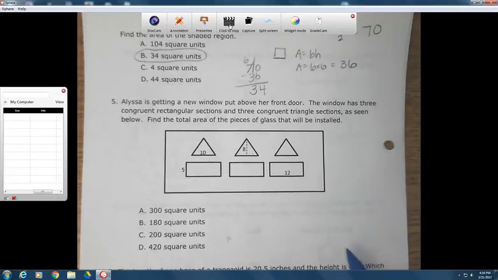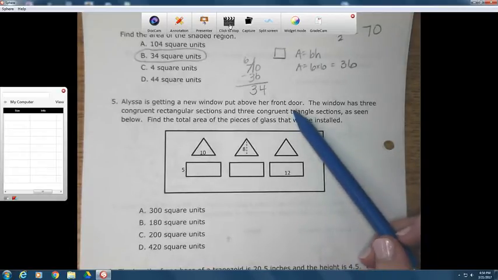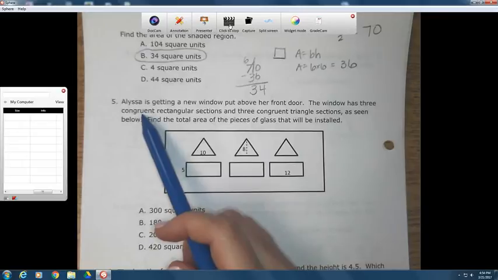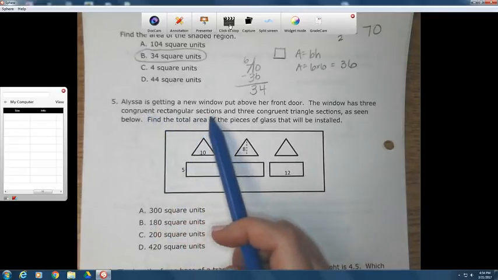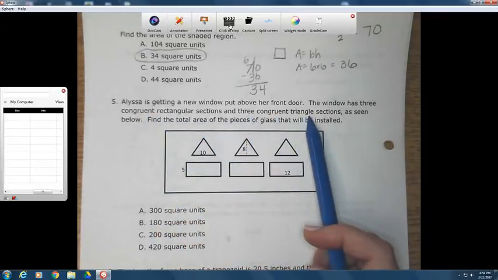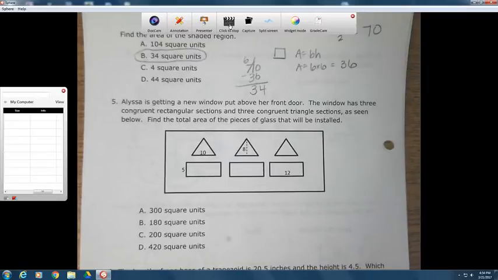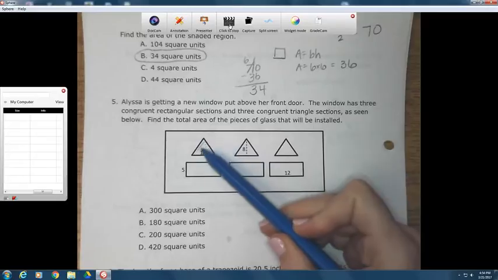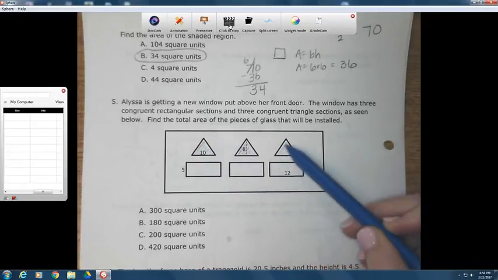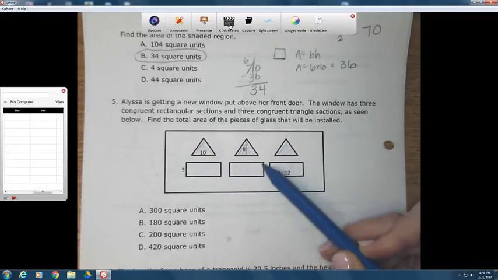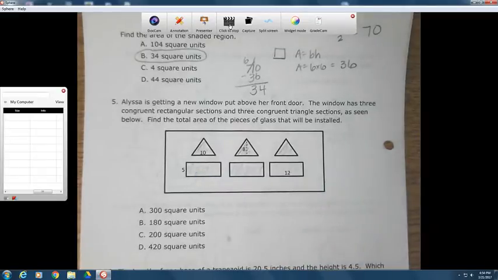Alyssa is getting a new window put above her front door. The window has 3 congruent, means same size, rectangular sections and 3 congruent triangle sections, as seen below. Find the total area of the pieces of glass that will be installed. So these are all of our glass pieces. I have to find all of that.